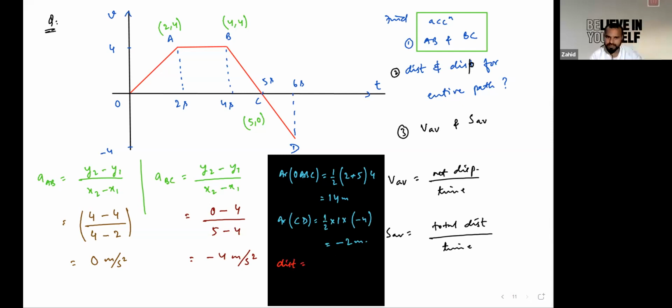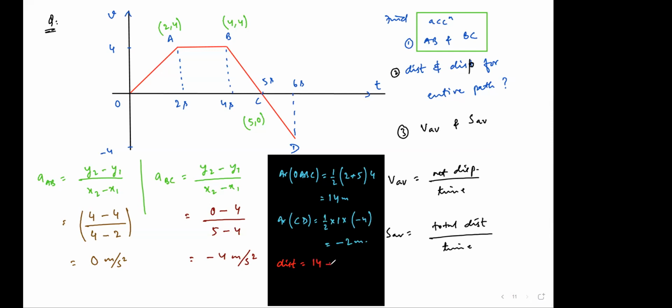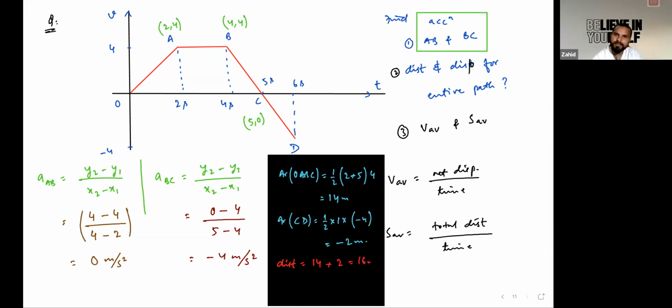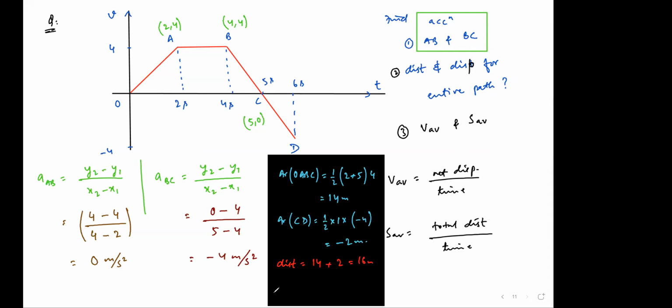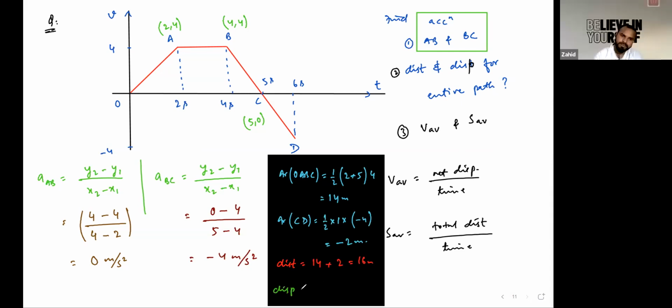It means whether it is positive or negative, you take only the positive part. So it will be 14 plus 2, which is 16 meter. And for displacement, it will be as it is, so 14 minus 2 is 12 meter. So the distance traveled by the body will be 16 meter and displacement will be 12 meter.